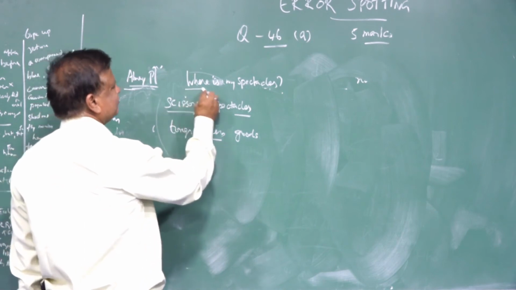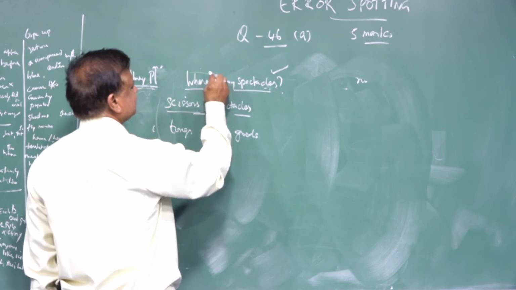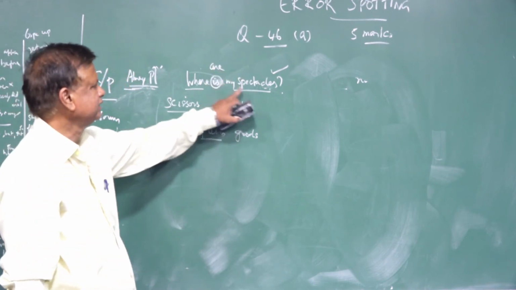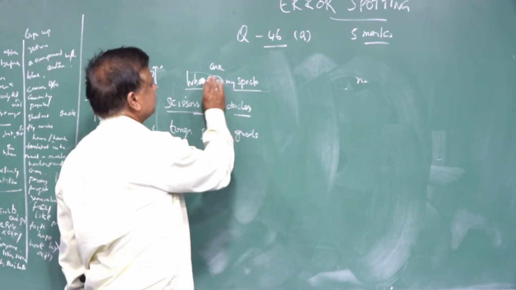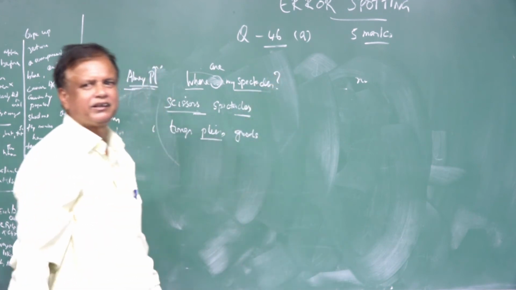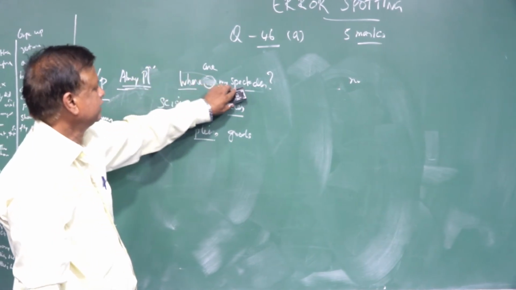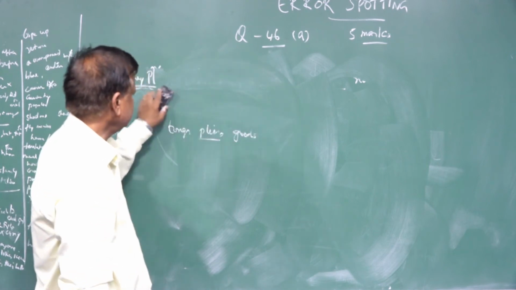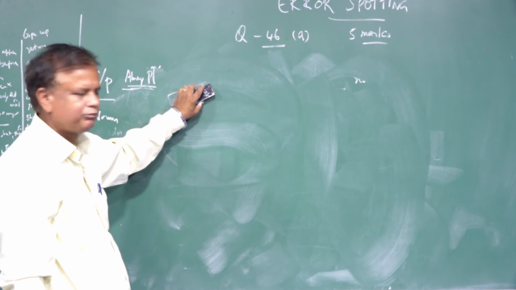What you will do is, where is my spectacles is incorrect, because the verb used is singular. So I have to change it into are. Where are my spectacles? Even if this is given like this, without the question mark, again there is a mistake. That question mark should also be there. You should be very careful to note that also. Spectacles is plural, so are will be there. So these are the words that will always be coming in the plural form.